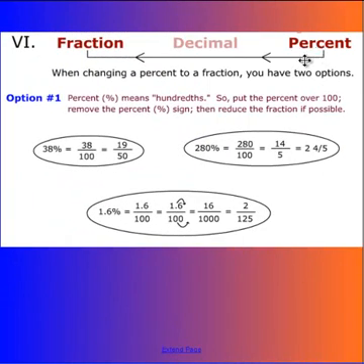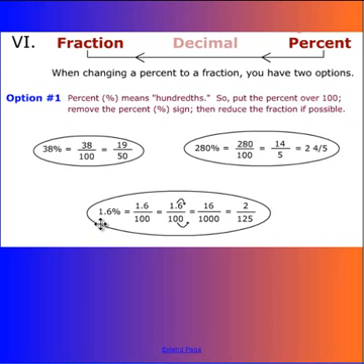When going from a percent to a fraction, you have 2 options. Option number 1, take the percent, which we know is the hundredths, and have 38 over 100 and reduce that to 19/50. Or, in this case, we have 280%, convert that 280 over 100, and reduce that to its lowest fraction possible, 14/5, or 2 4/5.